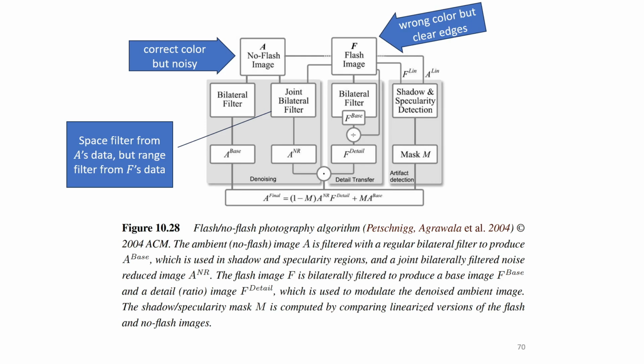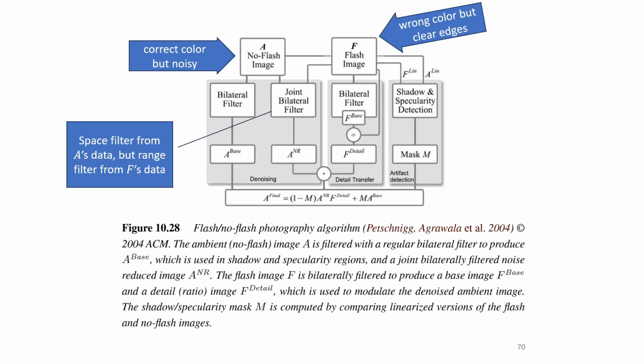Therefore, this is the flash camera. We apply the bilateral filter here to extract the edge information. Because this is the flash camera, there may be many shadows on the image. If you want to take some objects, then because of the flashlight, there might be shadows, and they need to remove those shadows.